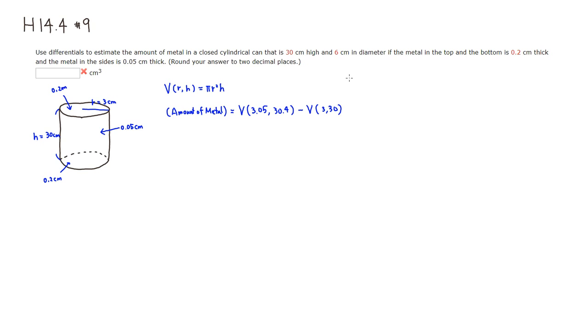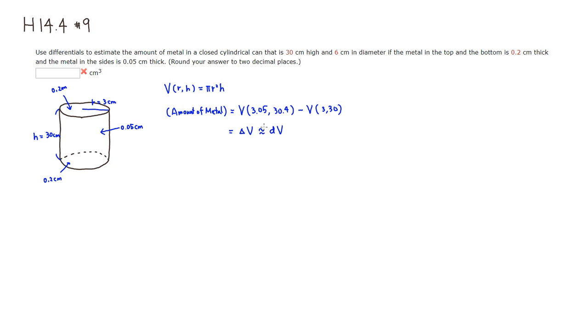Since this is a difference in V values, it is exactly delta V. So we can approximate it by the differential of the volume V.